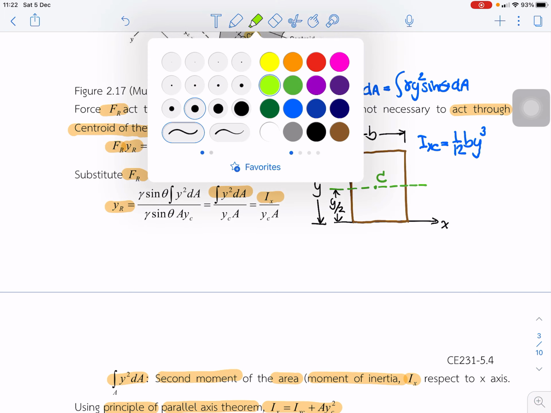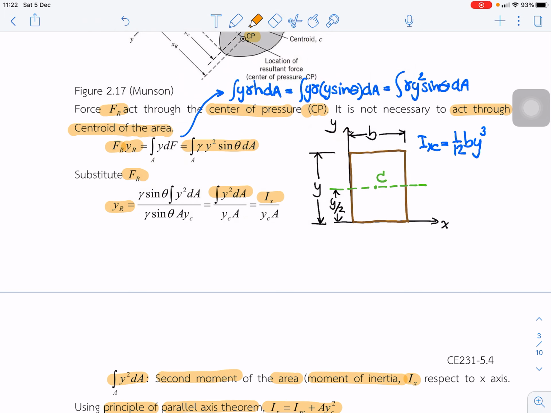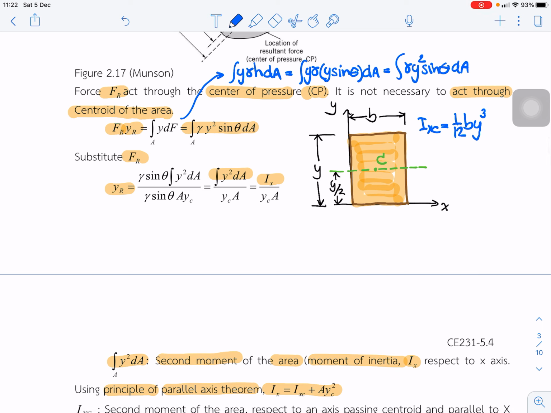In this case, the moment of inertia around the x-axis passing through the centroid is equal to this equation. And the moment of inertia around the x-axis is equal to Ixc plus the area times yc squared.